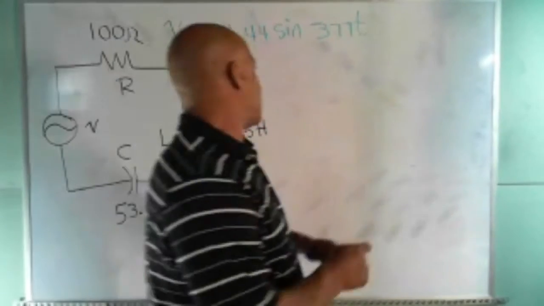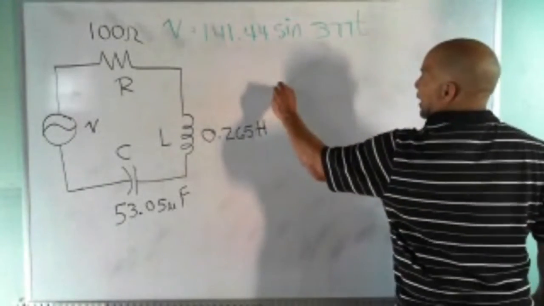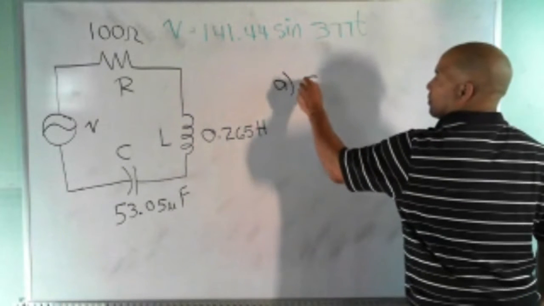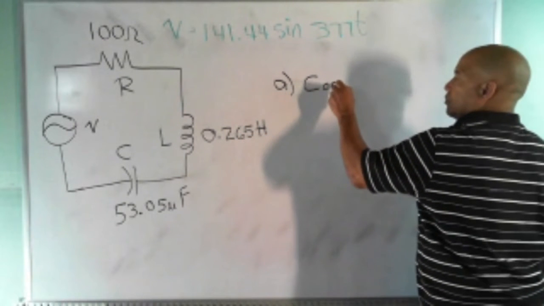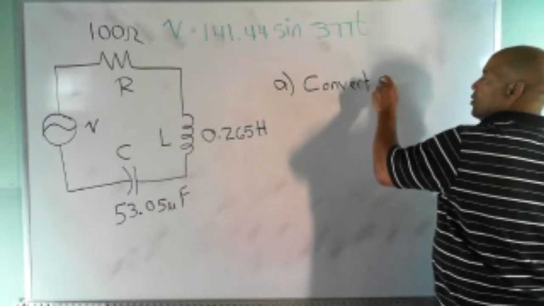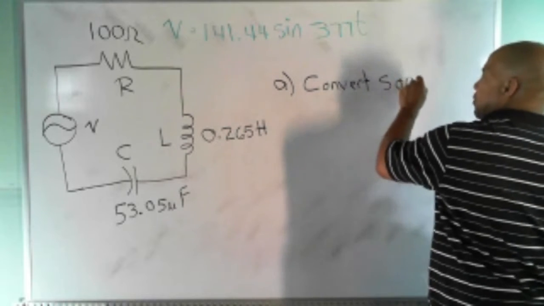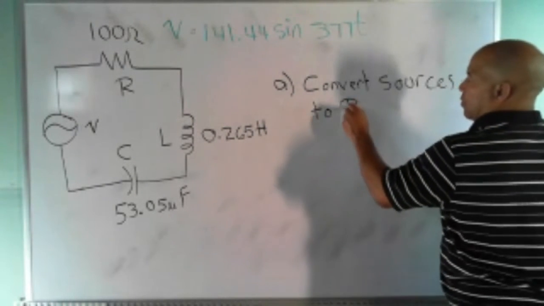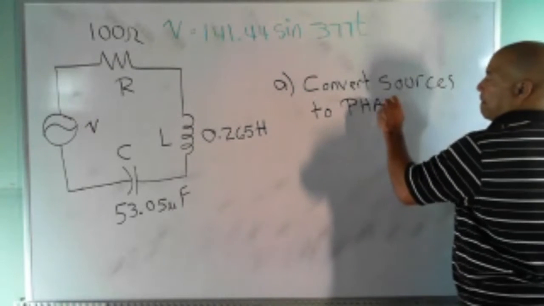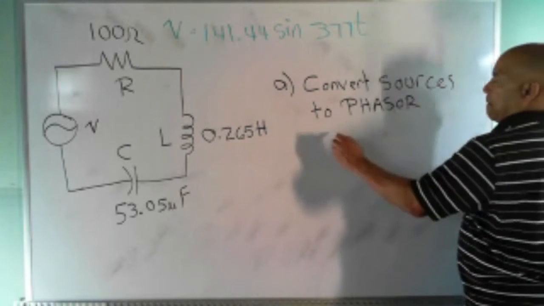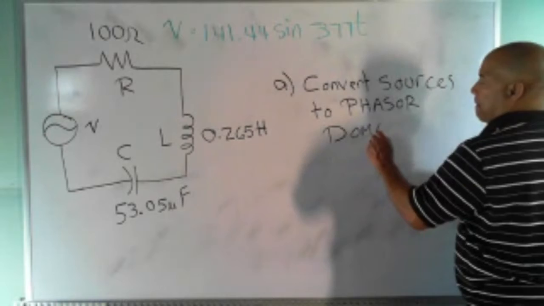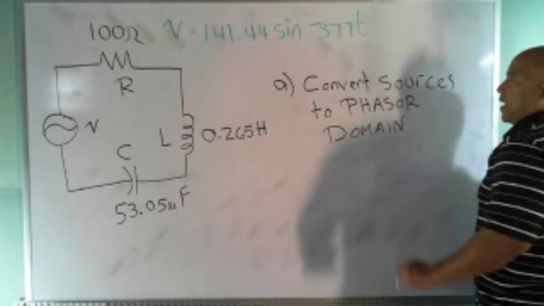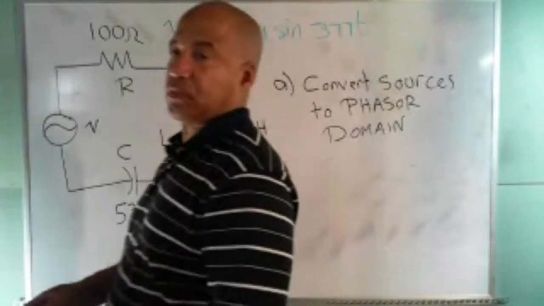The first step says convert sources, either voltage sources or current sources, to phasor domain. Okay, so convert that to a phasor.